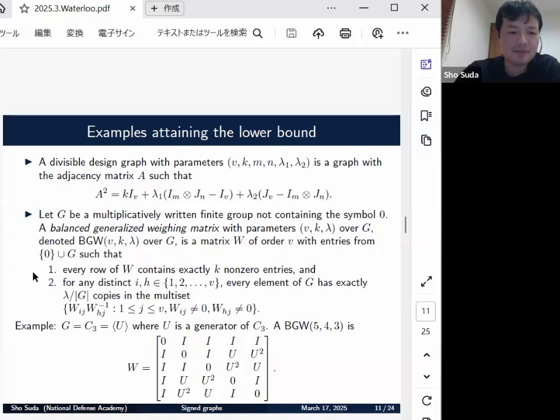The first one is that every row of our matrix W contains exactly k non-zero entries.